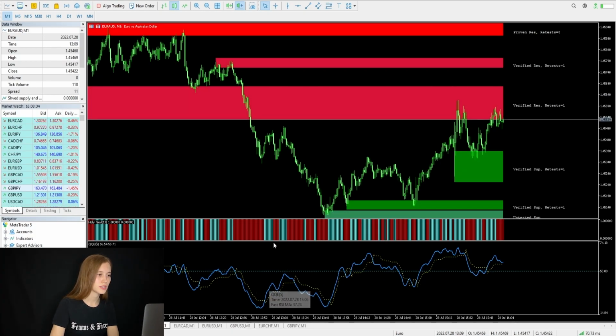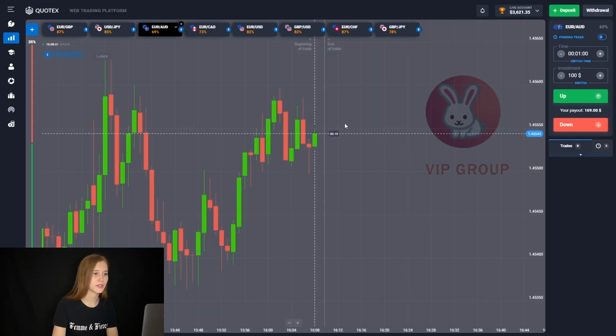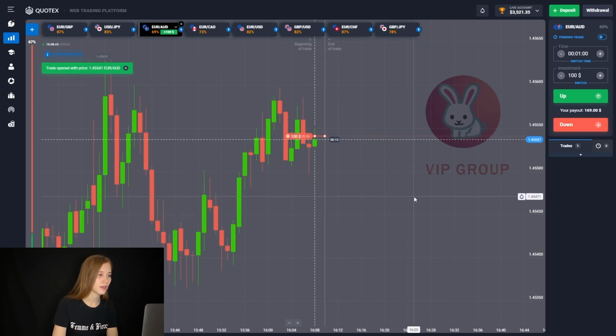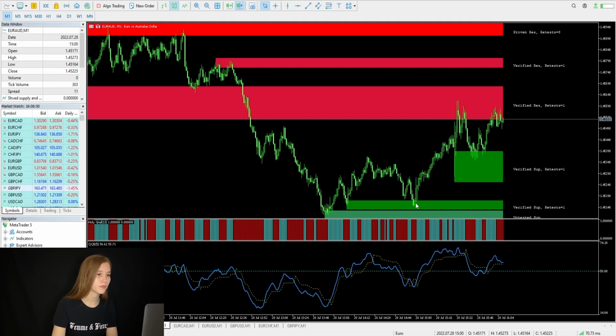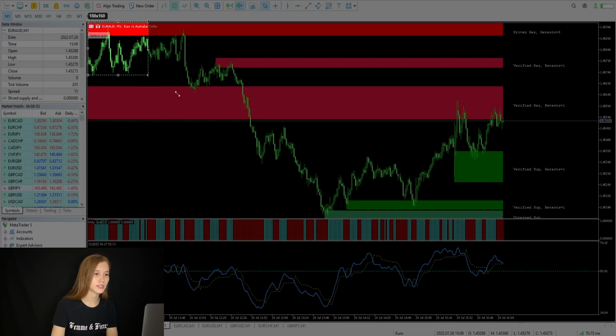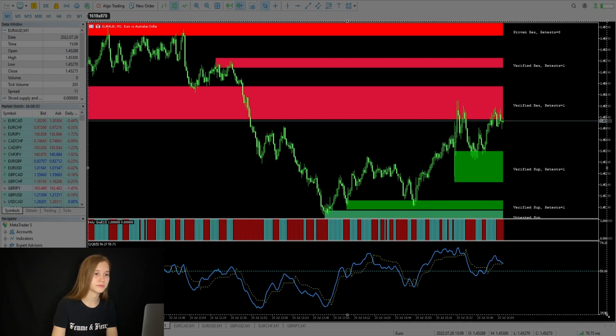Let's take this currency and move to Quotex. Here with this currency pair, open a sell deal and go back to MetaTrader. I'll explain the trade entry. Let's deselect the work area.